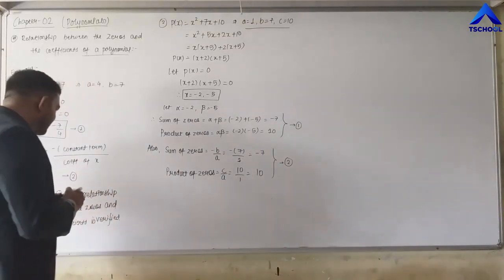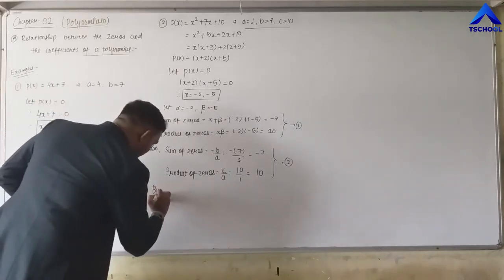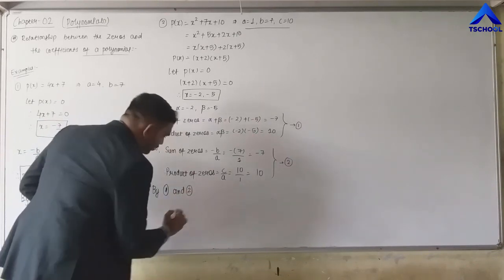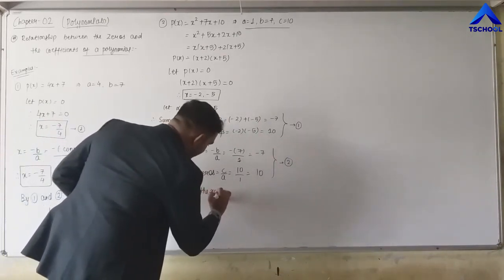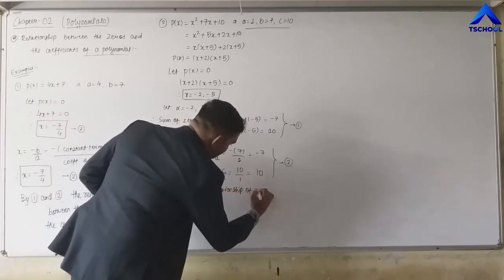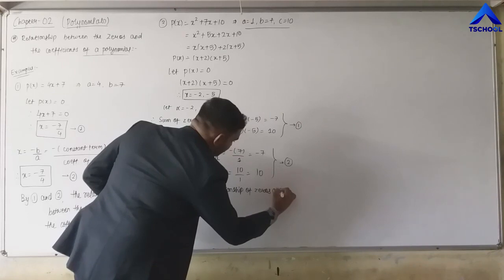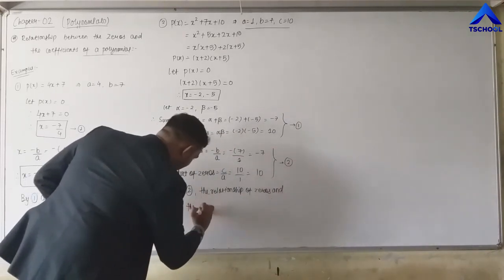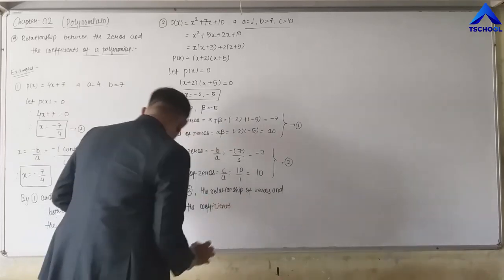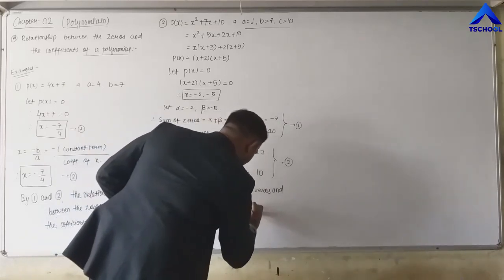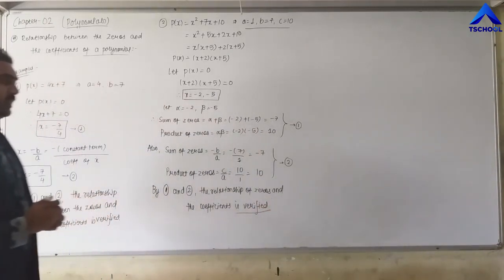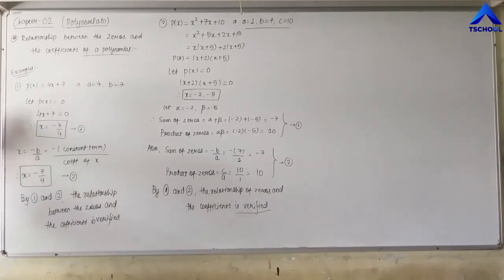So again you can say that by 1 and 2, the relationship of zeros and the coefficients is verified. Right? Hence it is verified.